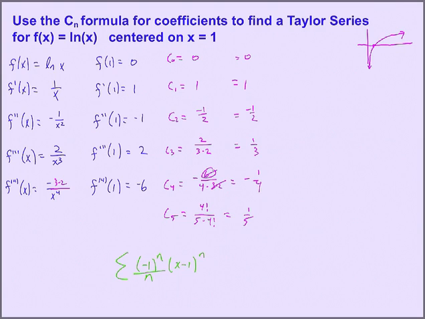There's one catch here. If I'm putting n in the denominator, I can't start with 0, which means I'm going to need to start with 1 and go from there into infinity. And because of that, there's also one other tiny little catch here that we've got to be careful about.